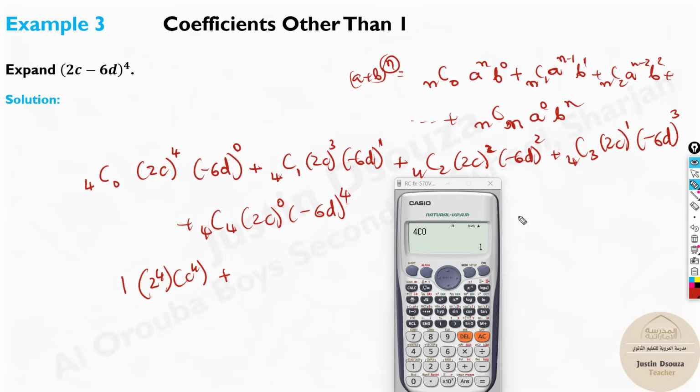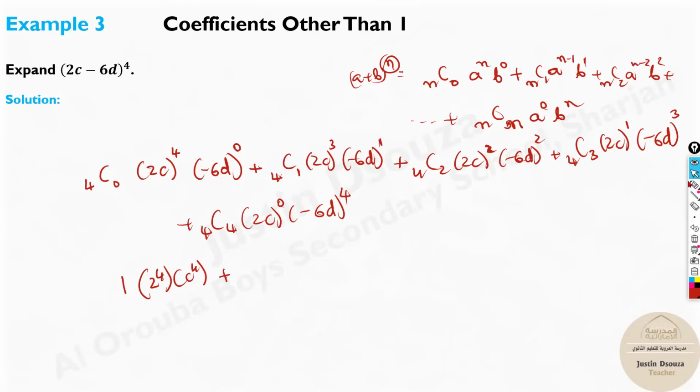Plus, what is 4C1? It is 4. So 4C, just change this to 1, it'll be 4. And you can just change this to 2, and it'll be 6. And now 4C3, it's going to be 4 again. And so on. You can easily find it out. Write the coefficients first. And then you can solve it up. Now I know it is 4, 2 to the power 3 and c to the power 3. And then we have minus 6 and d.